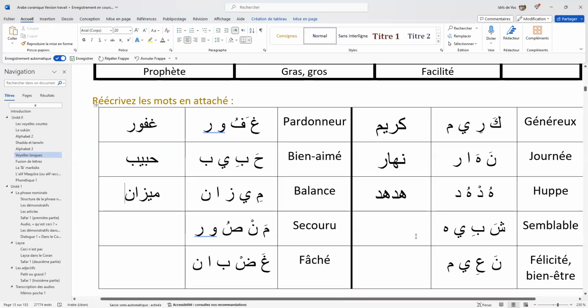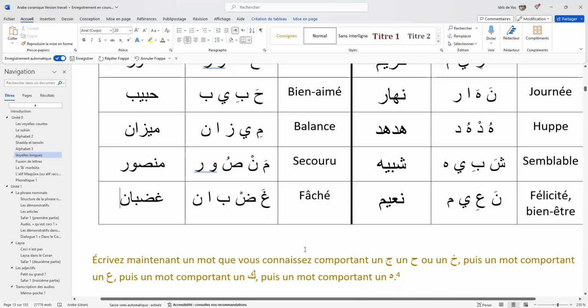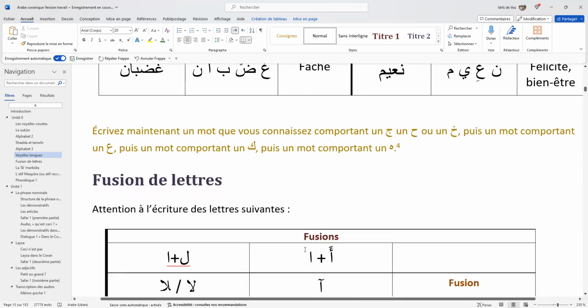Mizan, a scale. Shab. Mansour. Naïm. And finally, Ghadban. There. So that's the writing exercises.